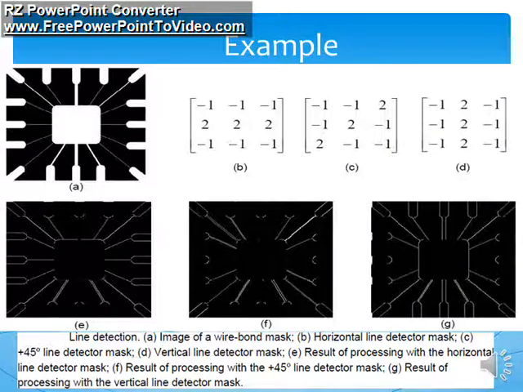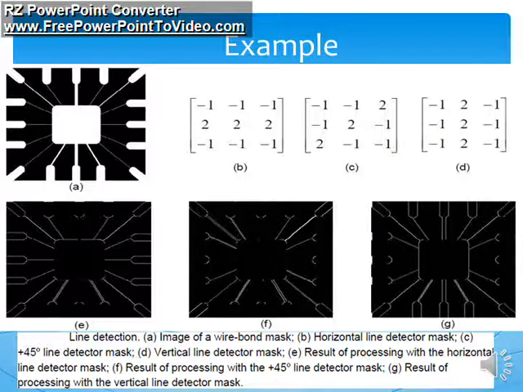That means B is the horizontal line detector mask, C is the plus 45 line detector mask, and D is the vertical line detector mask. If we use all these three masks to find the edges from the image, the results will be E, F and G here.